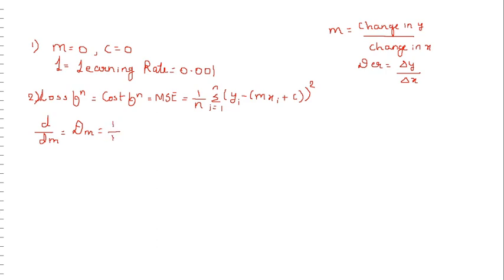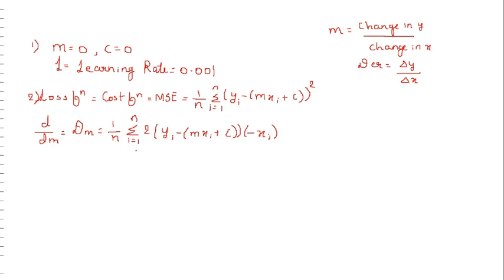So it is 1 upon n, summation i goes from 1 to n, 2 into yi minus (mxi plus c) into. Now I'm computing with respect to m. So this m becomes 1. So what remains? Minus of xi plus 0, right? So it is minus of xi.